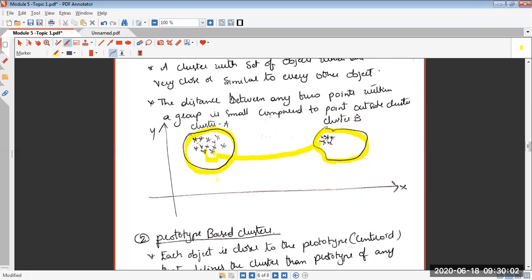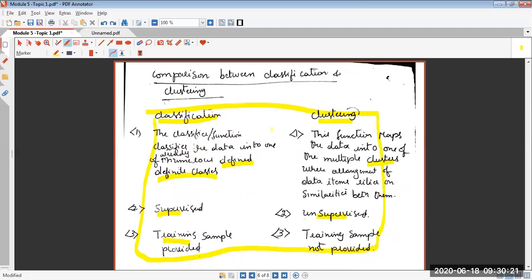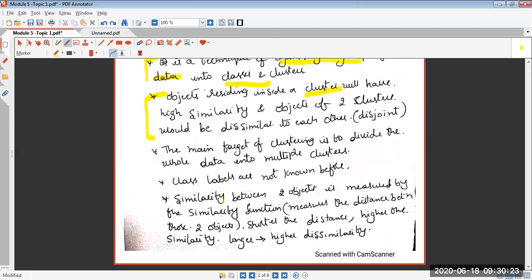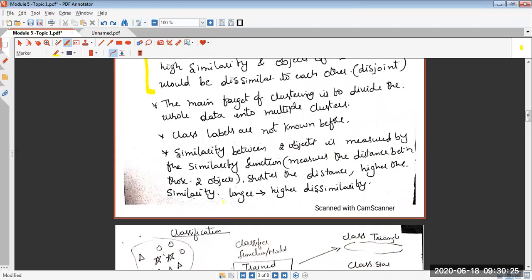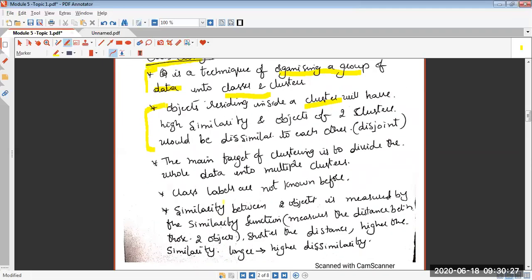For example, an asterisk in cluster A will be closely related to other asterisks in cluster A compared to an asterisk in cluster B. So that was the meaning. Once again, I'm repeating: a data object in a cluster will be closely related to a data object in the same cluster. That is what has been explained as high similarity.